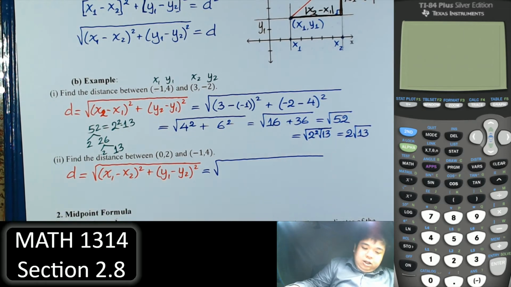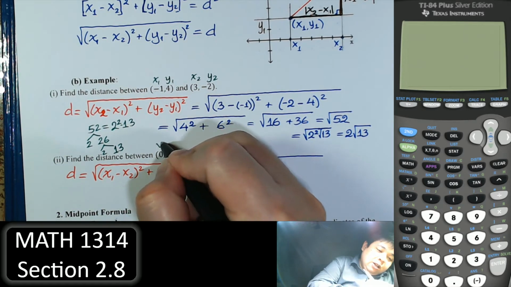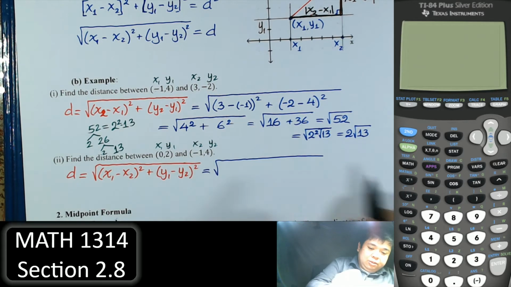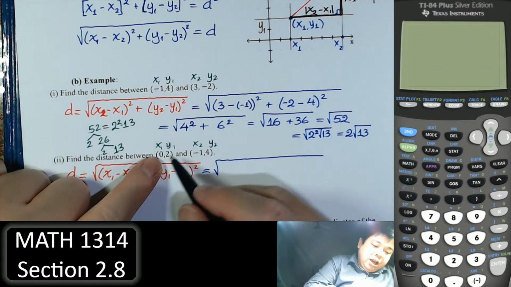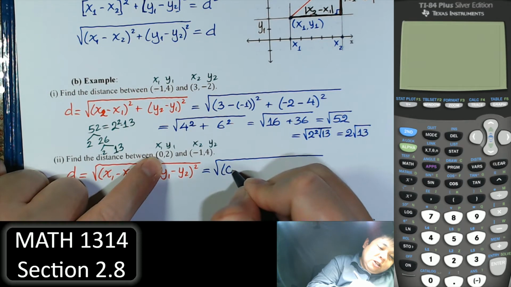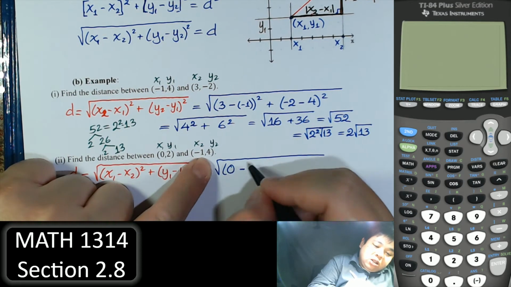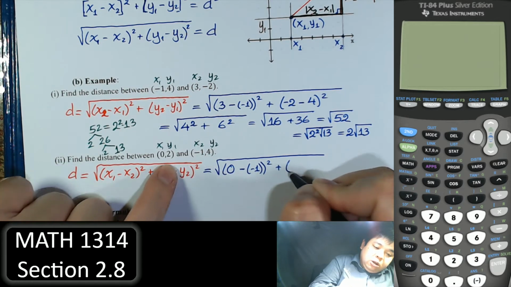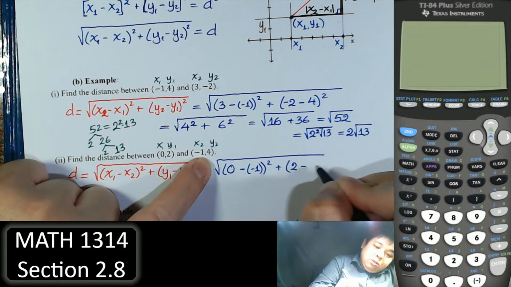Let's say x1, y1, x2, y2. x1 minus x2, y1 minus y2.